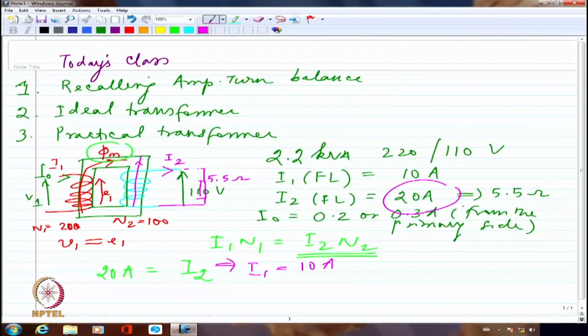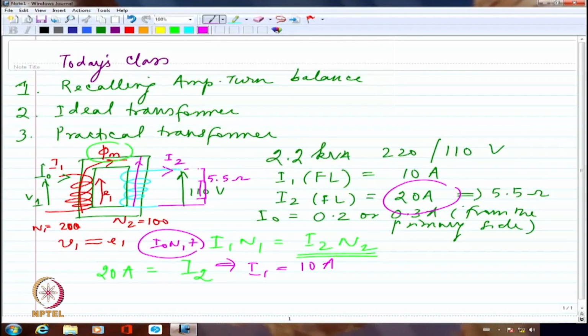That is the reason why, if I have to be really, really accurate, I should say I1 N1 plus I0 N1 as well. I should have said this. But I am essentially neglecting this because when I add I0 and I1 along with their phase angles, the overall current that I get will be almost equal to I1 itself.